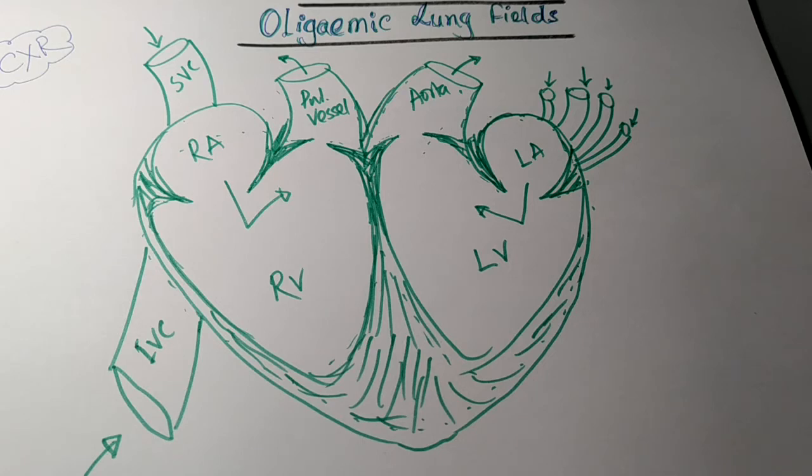Now the question: what are the causes of oligemic lung field? That means in which conditions we find oligemic lung field. Number one, pericardial effusion and constrictive pericarditis. For our easy understanding, these two points together.